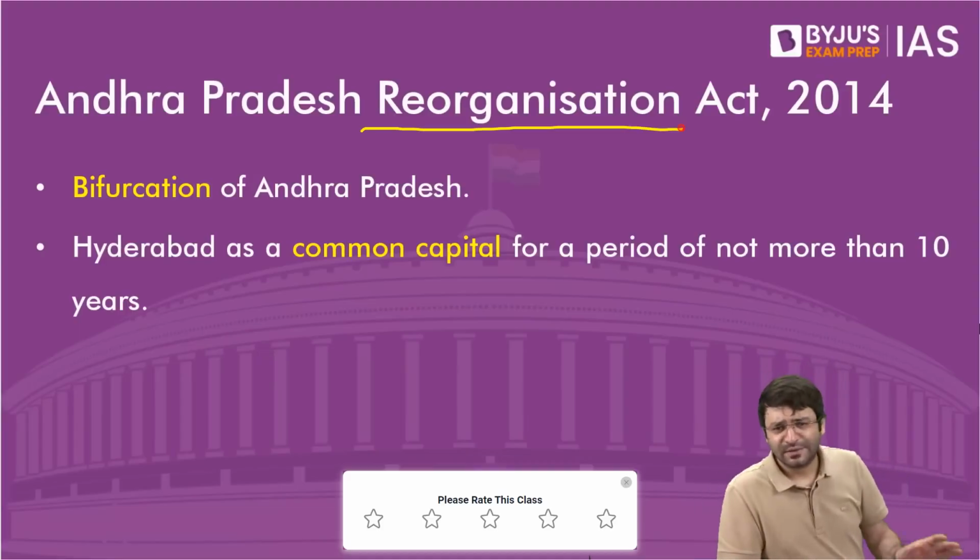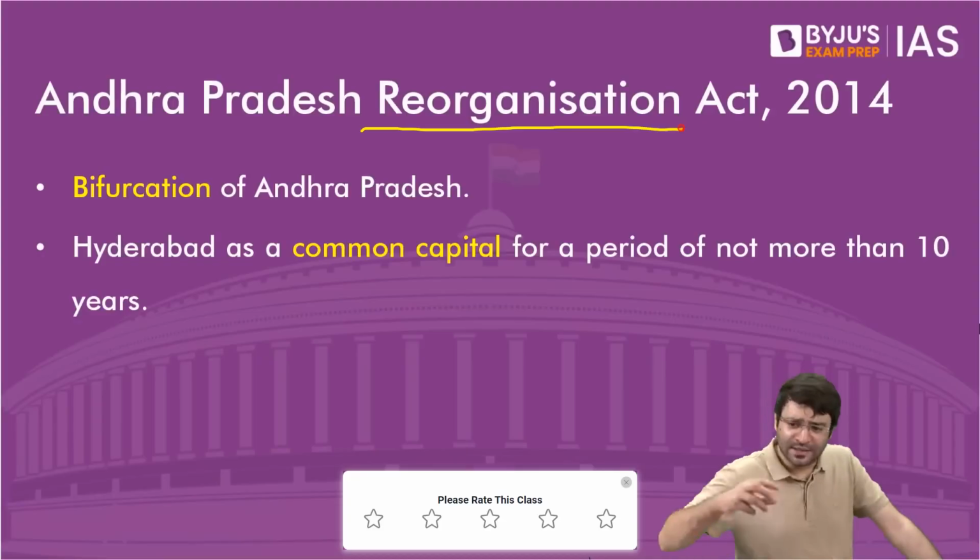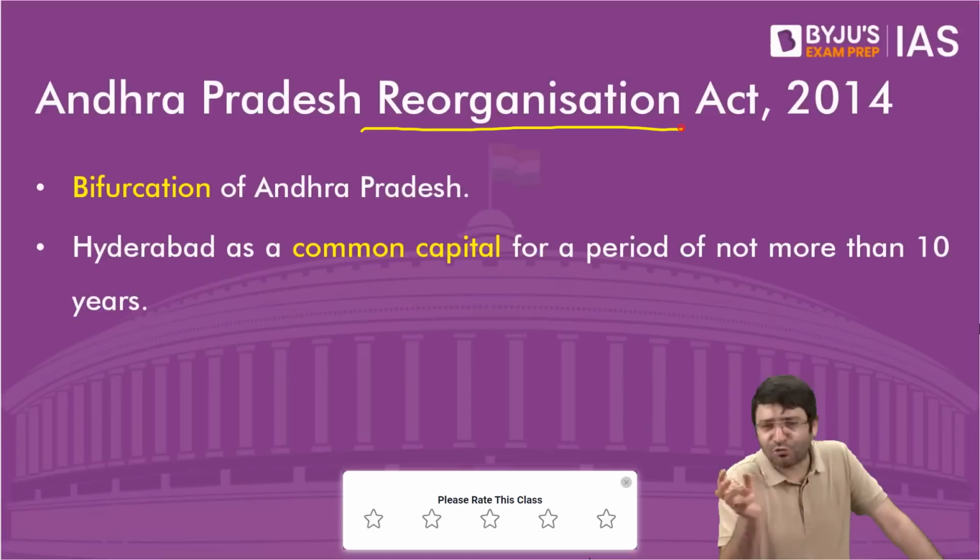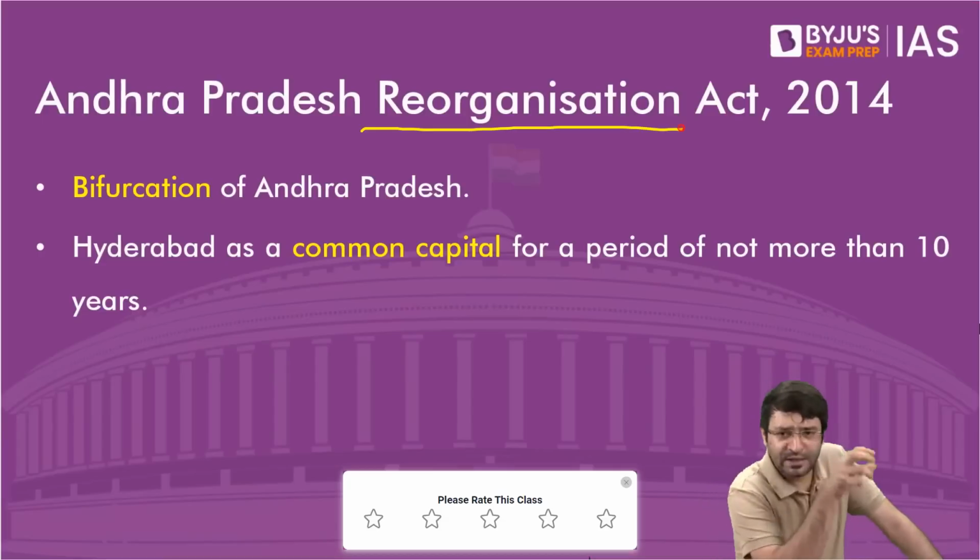Why? The allegation was that the residents of Andhra Pradesh who belong to the coastal Andhra, who belong to the Rayalaseema region, are dominating the members from the Telangana region.